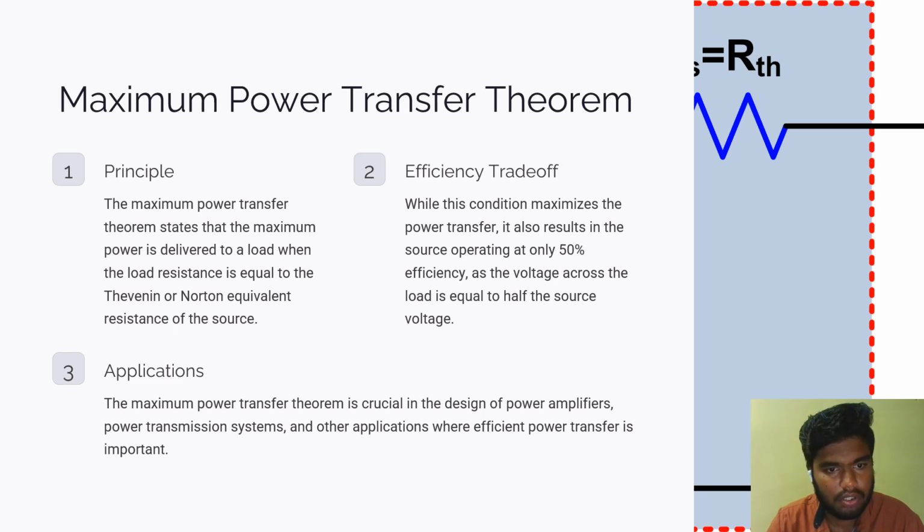Coming to the applications, the maximum power transfer theorem is crucial in the design of power amplifiers, power transmission systems, and other applications where efficient power transfer is important. So this is all about the maximum power transfer theorem.